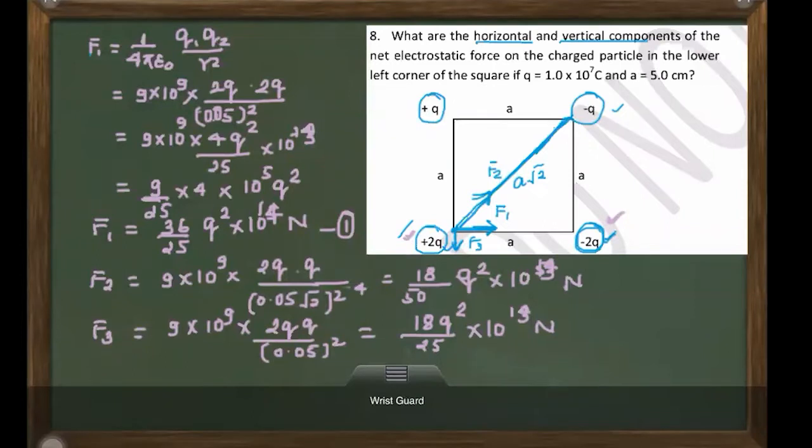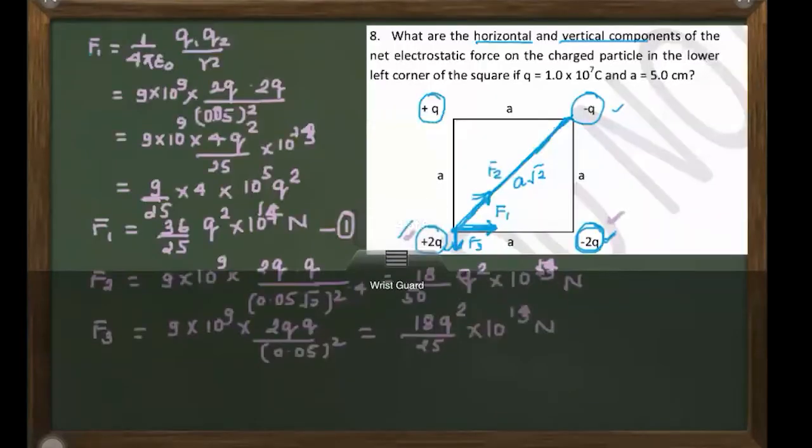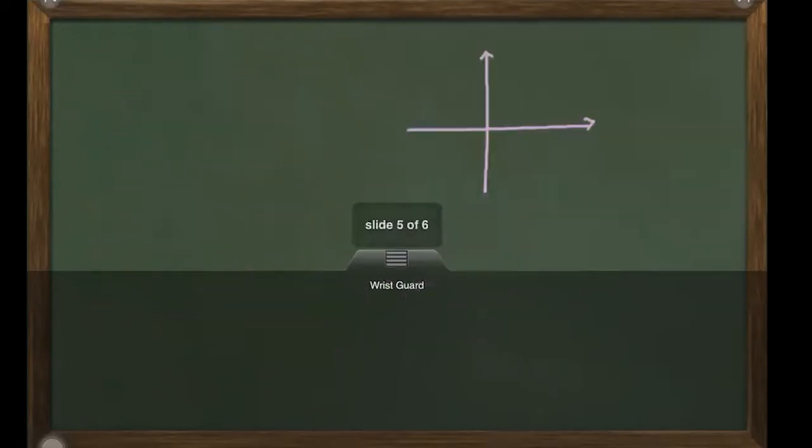So see here, this force is in this direction, this force is in this direction, and this force is in this direction. So we have to draw the geometrical axes, x-axis and y-axis, or you can say horizontal axis and vertical axis. Then you can see here F1 is along the positive x direction, so this is F1.